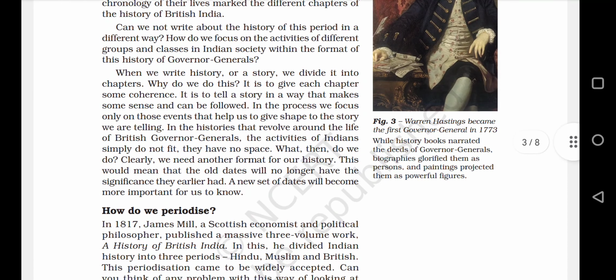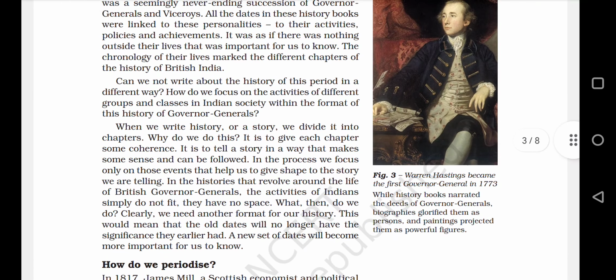Then there is one picture of Warren Hastings, who became the first Governor General of India. You should know very well that he was made Governor General in 1773 by the East India Company.